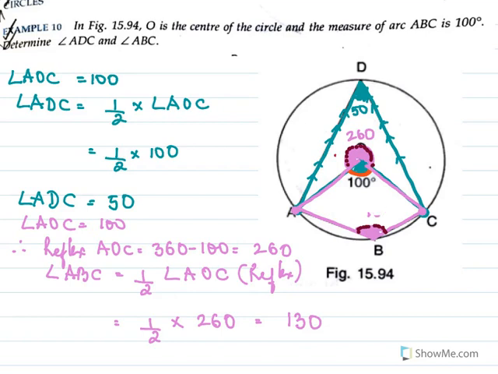Yeah, this is 130. So just to recap what we have learned: here angle 100 is connected to this angle 50, and on the other side this angle 260 is connected to 130.